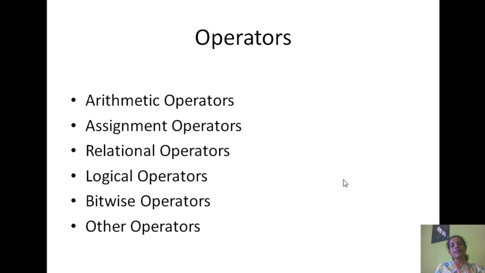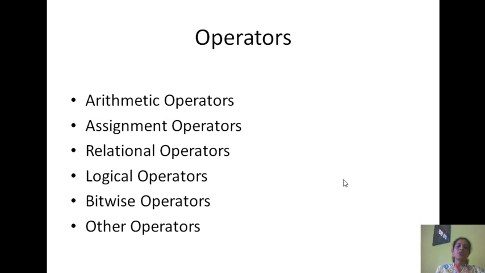So these 3 are the logical operators. If we have to compare two logical values or two Boolean values, then it is considered a logical operator.